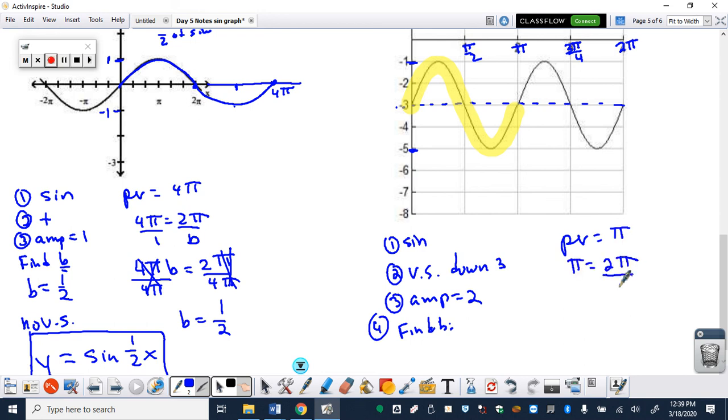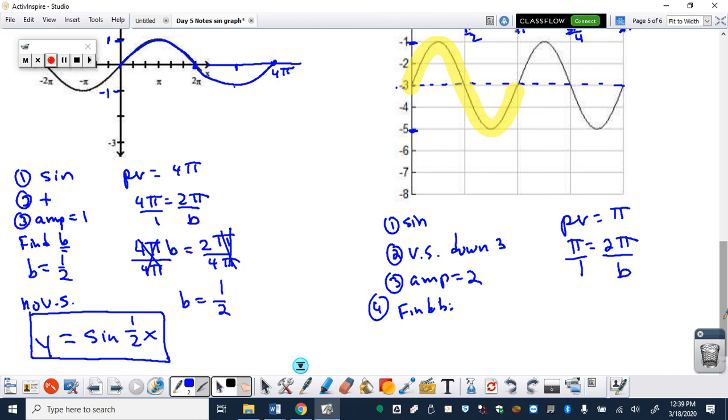Period is 2 pi divided by b. We're going to cross multiply, so we have pi times b is equal to 2 pi. Divide both sides by pi, and notice that b is equal to 2.